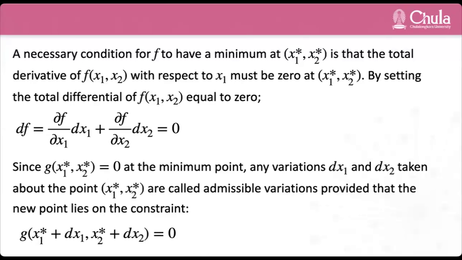That means you move to any place, but the feasible region must move along function g. So x1 star plus dx1, and x2 star plus dx2 must satisfy the equality constraint. That means this constraint holds, right?